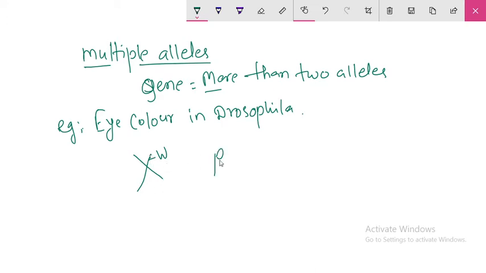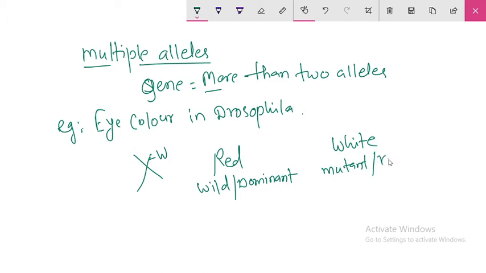So the red color of the eye is the wild type, also known as the dominant. And another, the white, is the mutant, or the recessive.